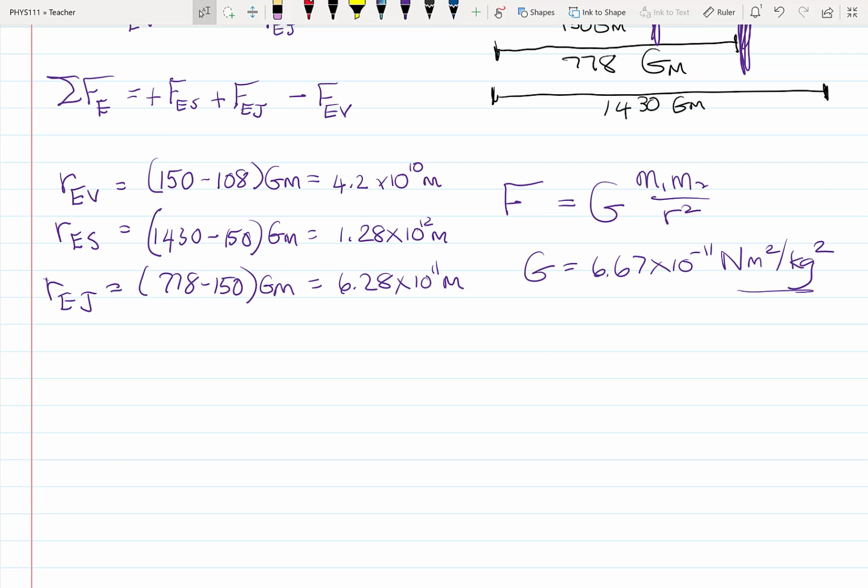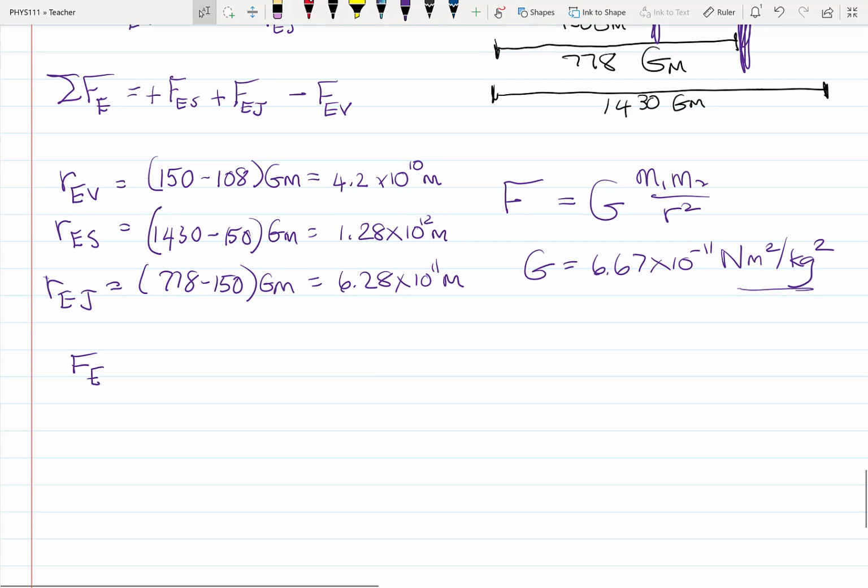All right, now we can go ahead and plug all those numbers in. So the force on the Earth due to all the planets is, let's do Saturn first.